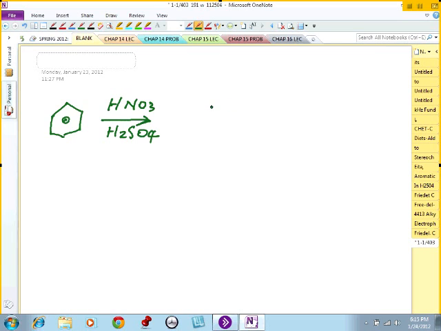Okay, very good. So that would be nitration, so the product will be nitrobenzene. Excellent. So I think you guys are getting ready for the exam. In this case, we are replacing this hydrogen here with the nitro group. And that is why we refer to this as electrophilic aromatic substitution reaction.